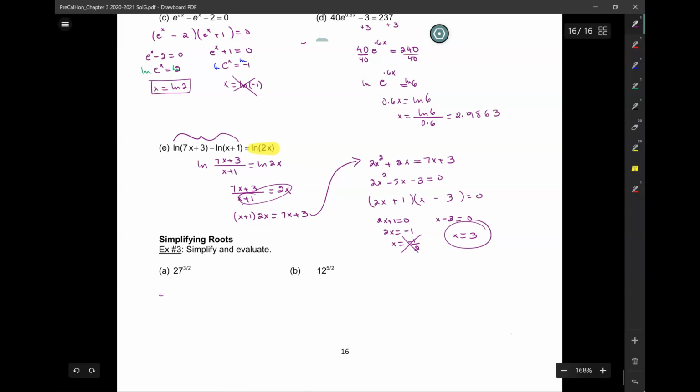So this can be written as the square root of 27 cubed, which is a little overwhelming, or root 27 cubed on the outside. So if I just take root 27, that's 3 root 3, cubed.